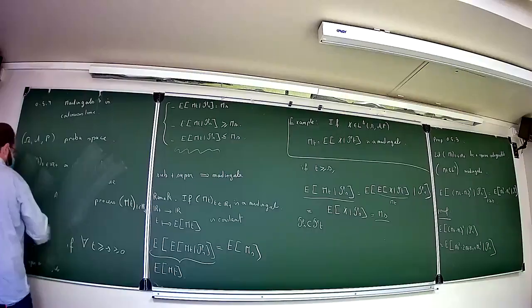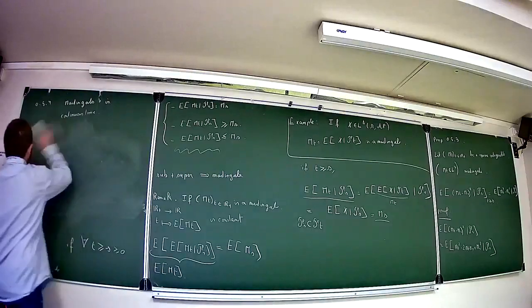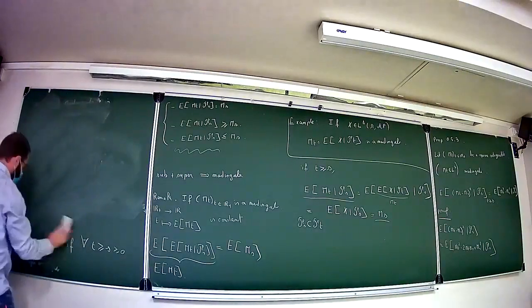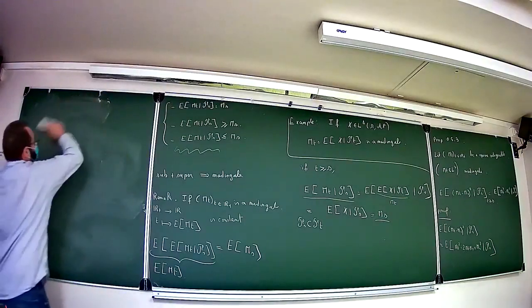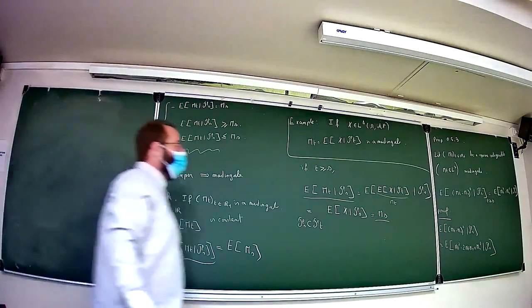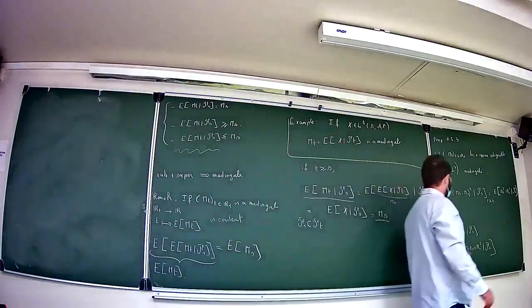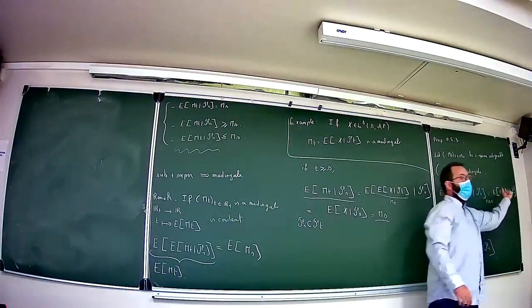And now, of course, we are going to use the properties of conditional expectation and the fact that my process is a martingale. For the first term, I have to do nothing because it's exactly the first term I want here.